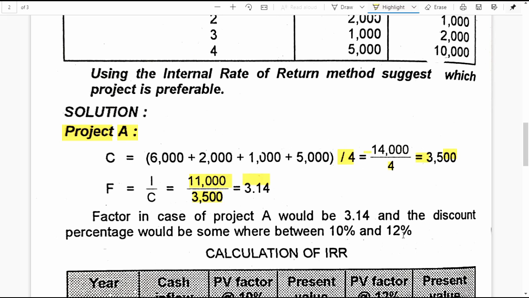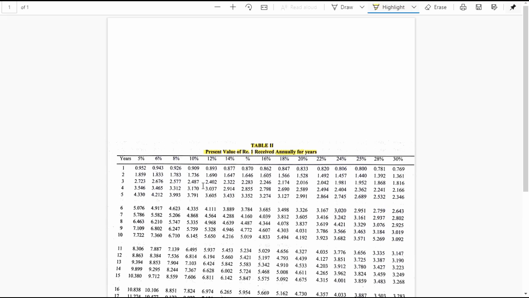Let me take you through the PVIFA table where you can understand the reason why they say the IRR for project A would lie between 10% and 12%. Now look at this table 2, which is the present value of rupee 1 received annually for years, which is nothing but the PVIFA table. Let us pass through the row for the 4th year, which is the lifespan of the project. Let's look for a value of 3.14 or something closer to 3.14.